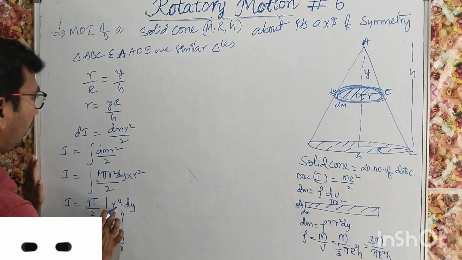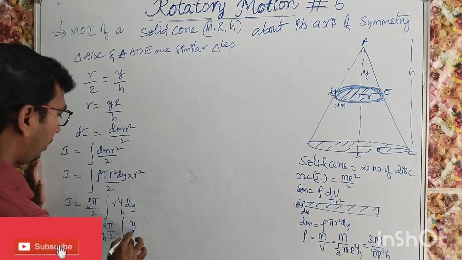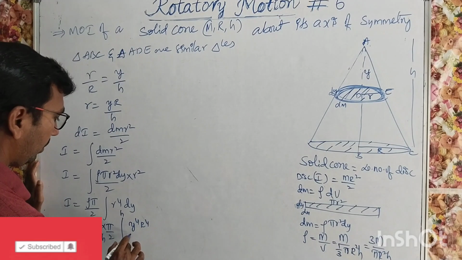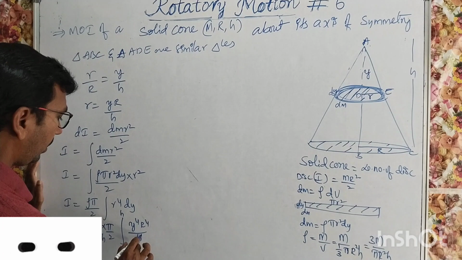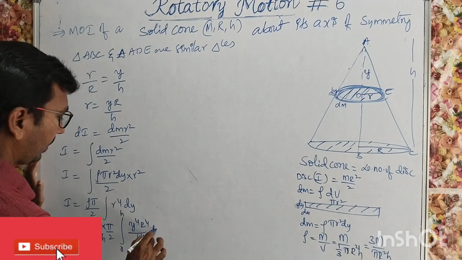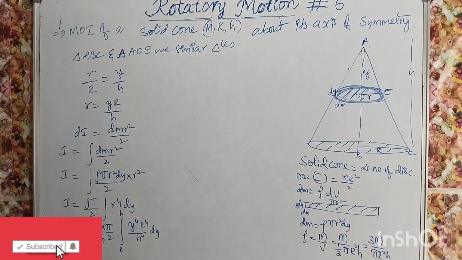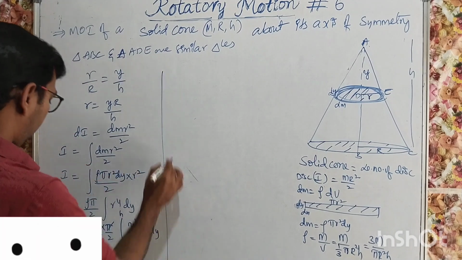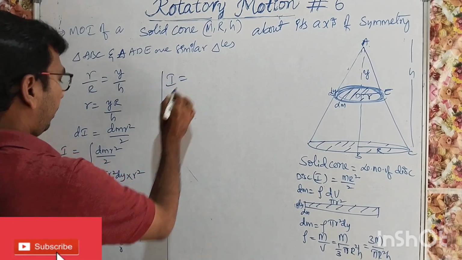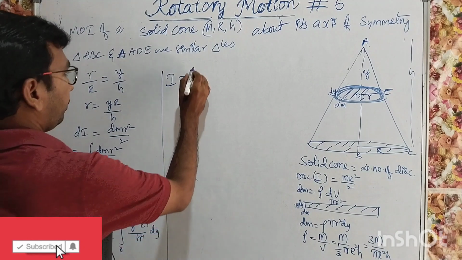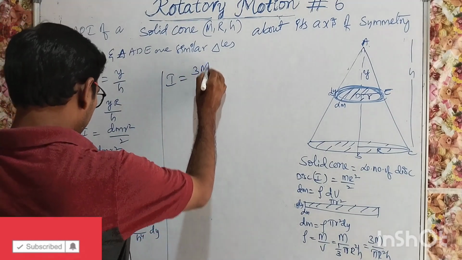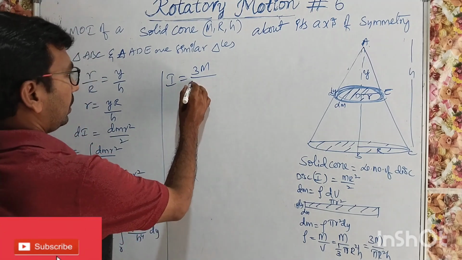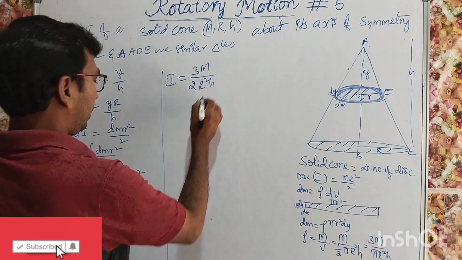So substitute the r value. So y to the power of 4, r to the power of 4 by h to the power of 4 dy. So here pi cancels. So the moment of inertia I is equal to 3m by 2r square, h.